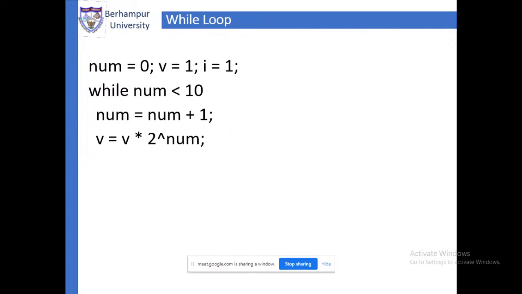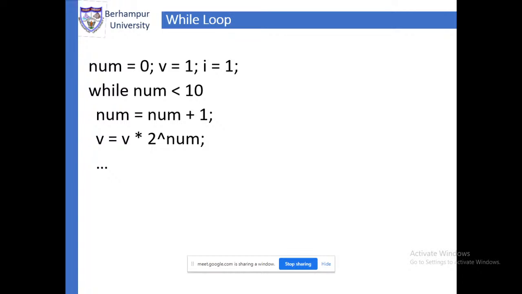While num is less than 10, num is equal to num plus 1, which means in the second line now num will be the previous number, the number that was defined earlier, 0 plus 1. So now num becomes 1. v is equal to v star 2 to the power num. So v was 1, so v will be 1 into 2 to the power 1. So 1 into 2. So v will be 2, the new value of v will be 2.